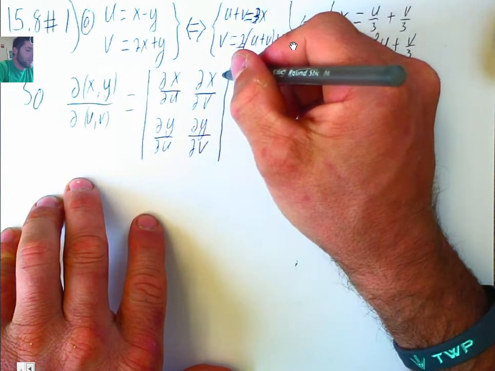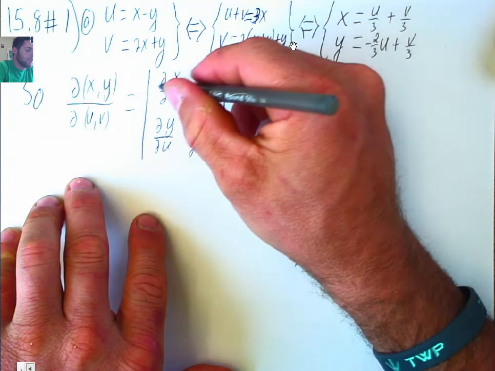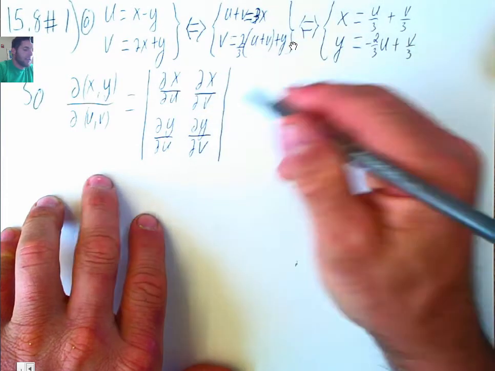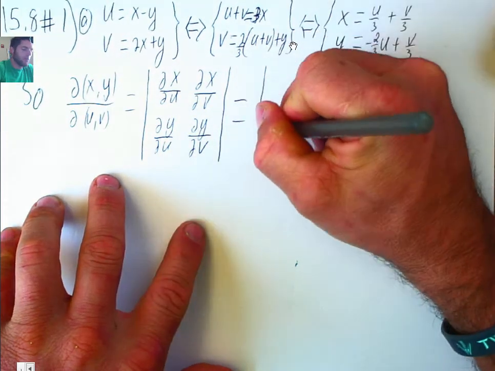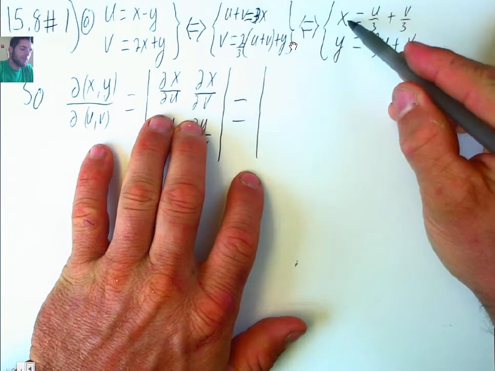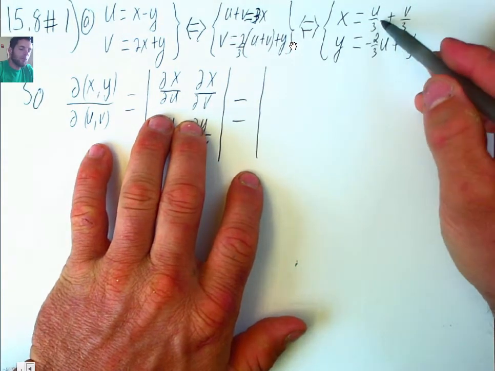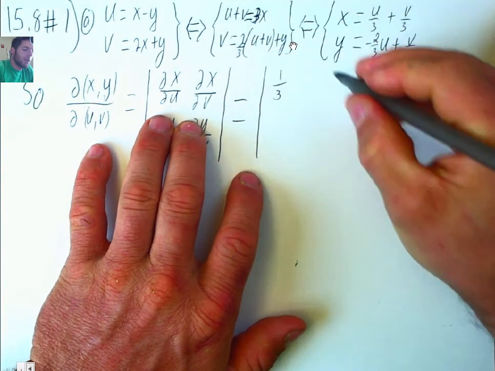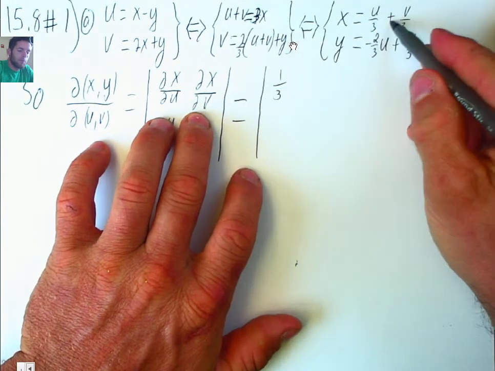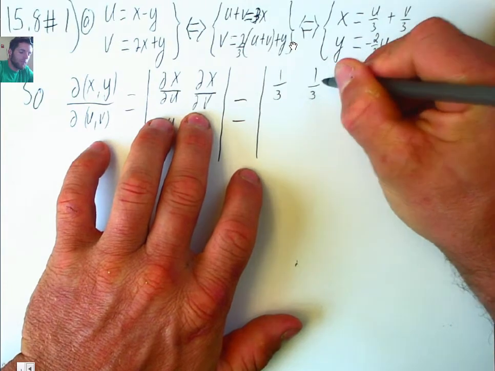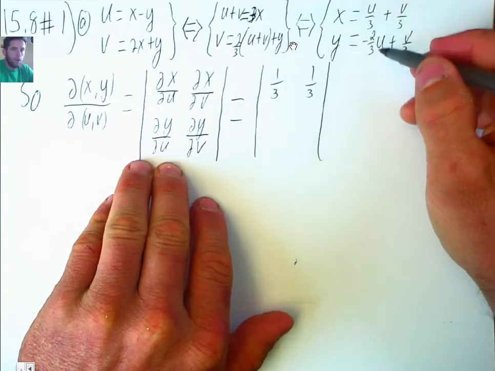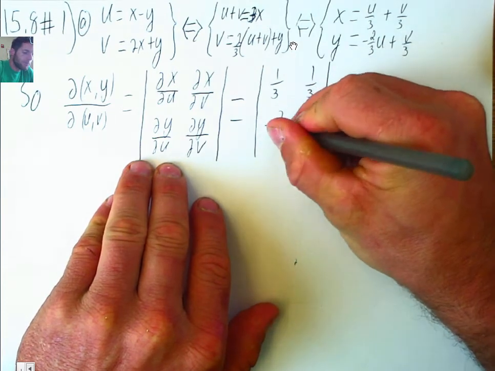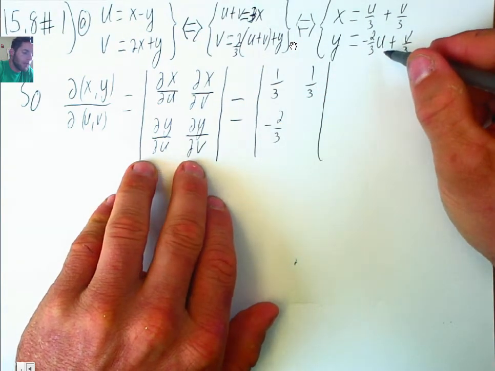First coordinate, x, for the first row, second coordinate for the second row, u for the first column, v for the second column. All right, let's write out what those four entries are. The partial derivative of x with respect to u is 1/3. And the partial derivative of x with respect to v is also 1/3. The partial derivative of y with respect to u is negative 2/3, while the partial derivative of y with respect to v is 1/3.